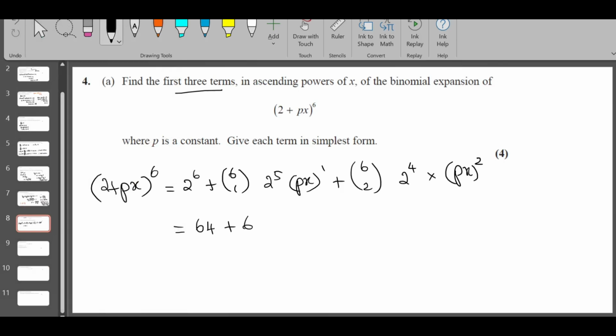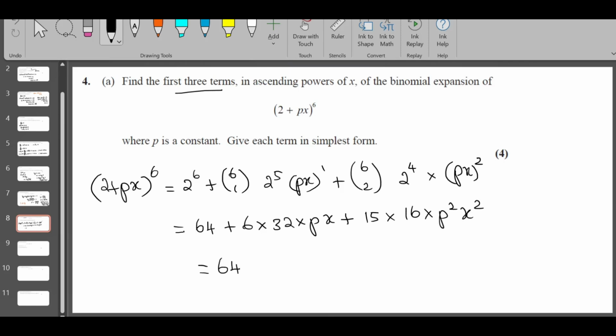64 plus 6c1 times 2 power 5, which will be half of 64. 6c2 will be 6 times 5 by 2, you will get 15, use your calculator. 2 power 4 will be half of 32, which is 16, times p square x square.